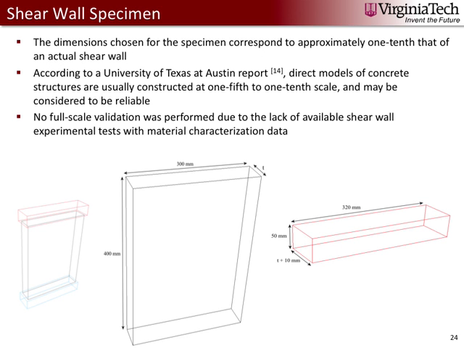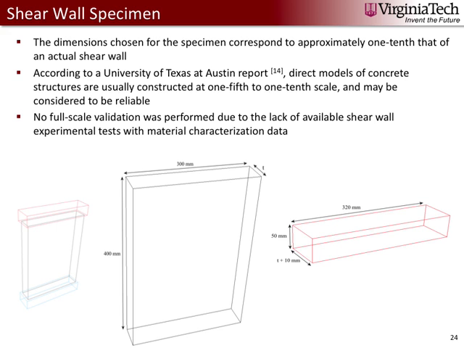The dimensions chosen here correspond to approximately a 1/10 scale of an actual shear wall in a tall building. According to a UT Austin report, direct models of concrete structural members are usually constructed at 1/5 to 1/10 scale. Smaller than 1/10, it's been said that it can be unreliable.